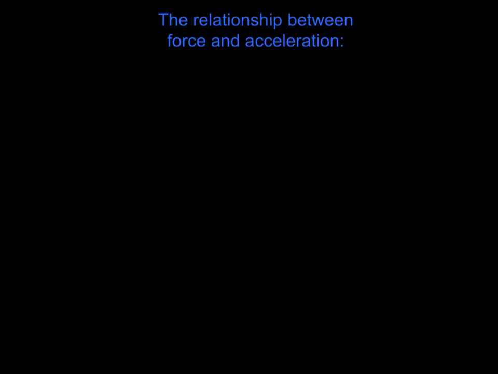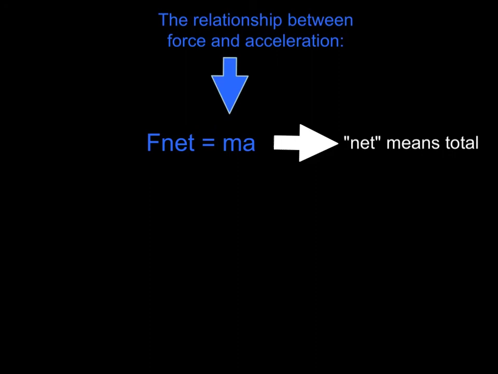And just like we've seen before, relationships can be written as equations. So here's our equation. The net force on an object is equal to the mass times the acceleration. Net is kind of like saying total. Look at all the forces you have, add or subtract if you need to, and F net is whatever you have left over.